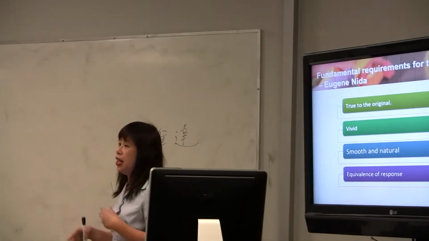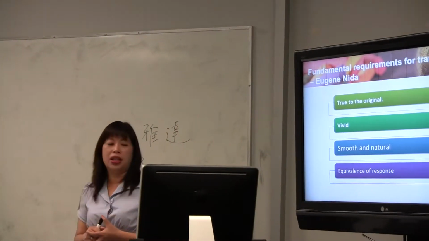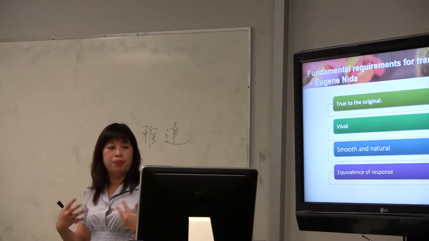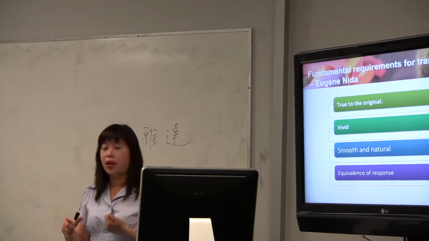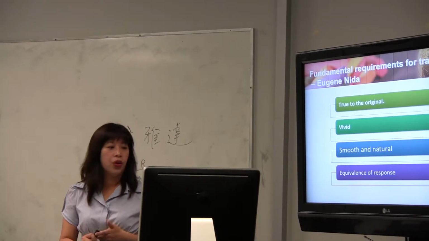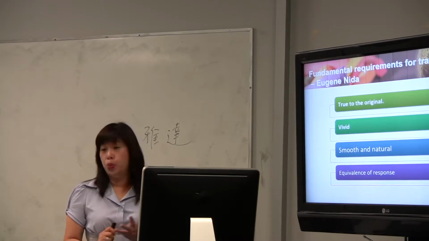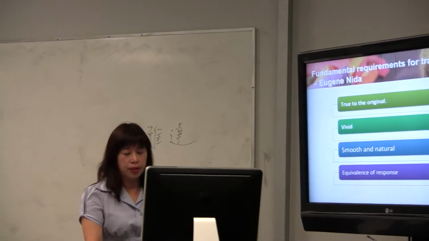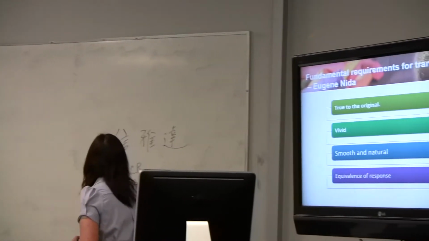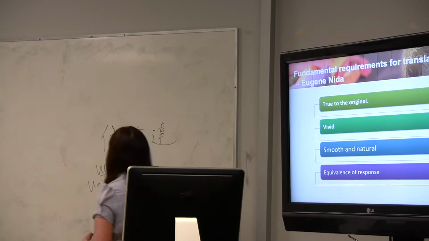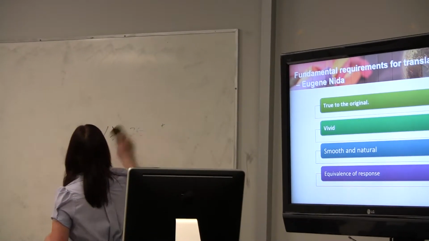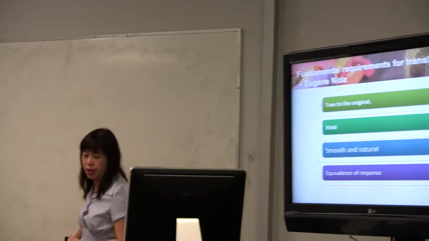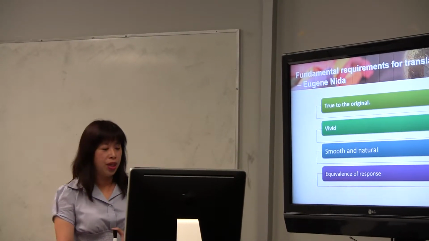So basically, each scholar or linguist has a similar point of view, but the emphasis is that you have to be accurate, faithful, true, and smooth, graceful, equivalent. But it is easier said than done, right? Sometimes we all know the requirements, but sometimes it's really hard to follow.